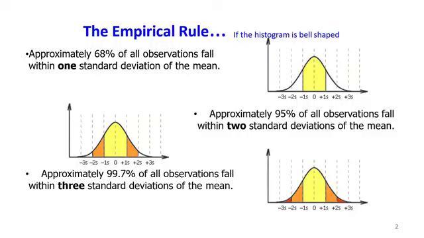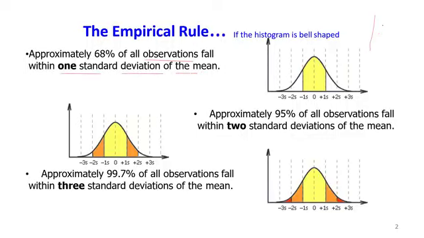So there is a thumb rule, which in statistics we state that if your data is normally distributed, so I'll explain what that means. If your data is normally distributed, then it says that 68% of all your observations will fall within one standard deviation of the mean.